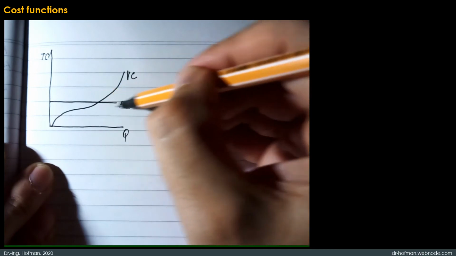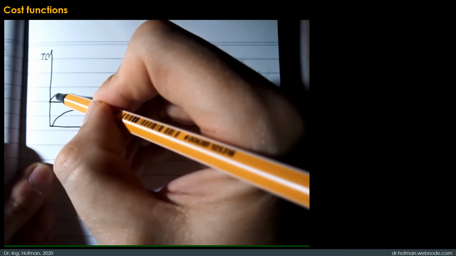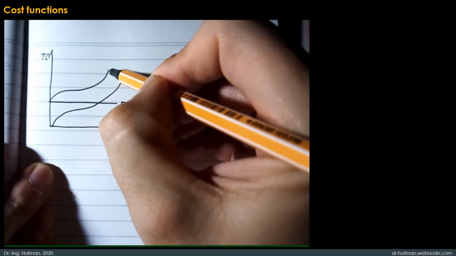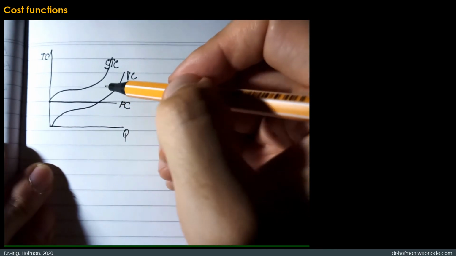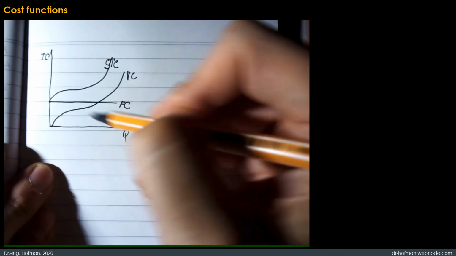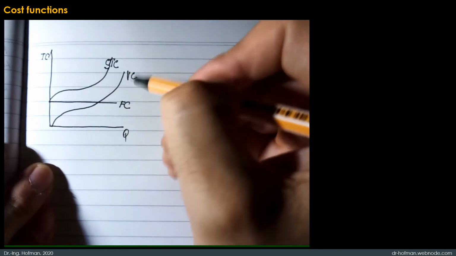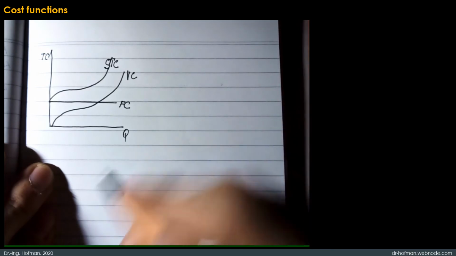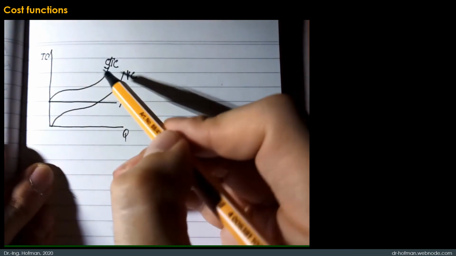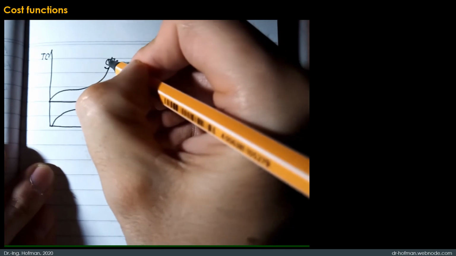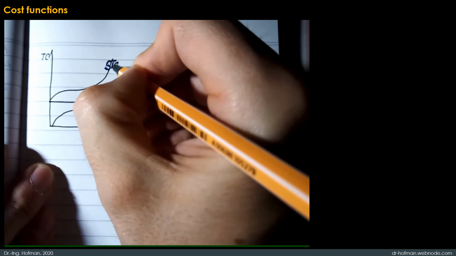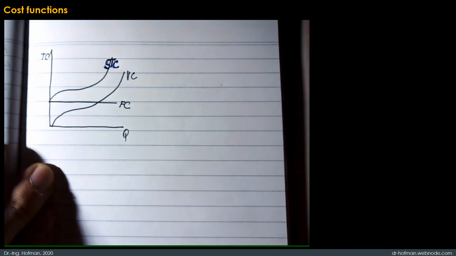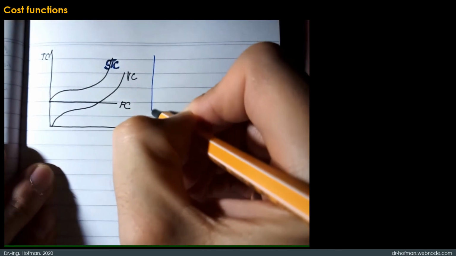In the case of variable cost, if we add them together with fixed cost, it moves us to the function STC, short run total costs. So this is the curve of short run total cost, which is a sum of fixed and variable costs.